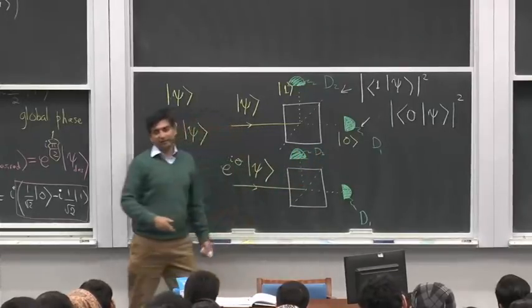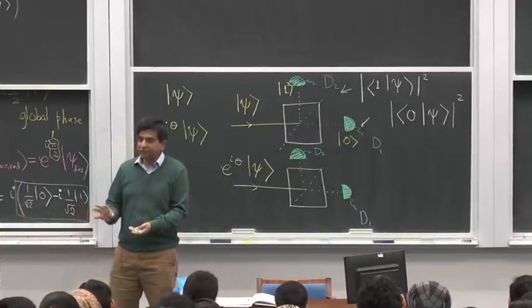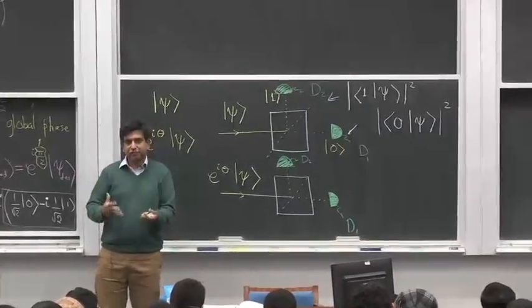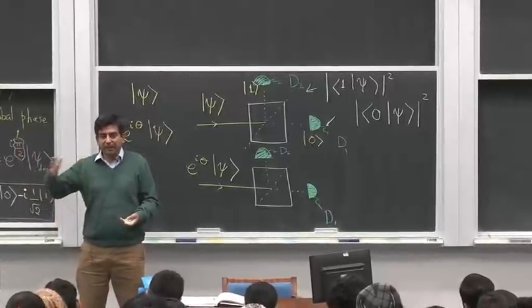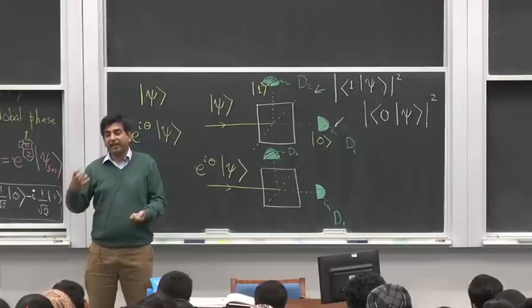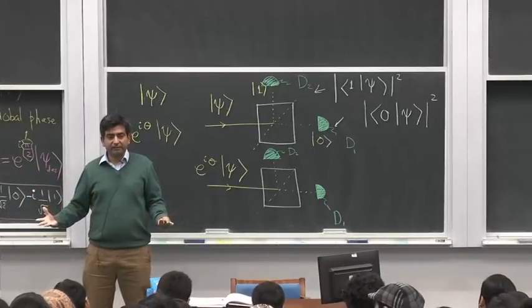And the human being who is making a measurement is after the two detectors. He has the two detectors in access, and he's looking at the outputs of the two detectors and is firing in many copies of a particle, each with a state psi or e^(i theta) psi, and is looking at the outcome. He's looking at the probabilities.